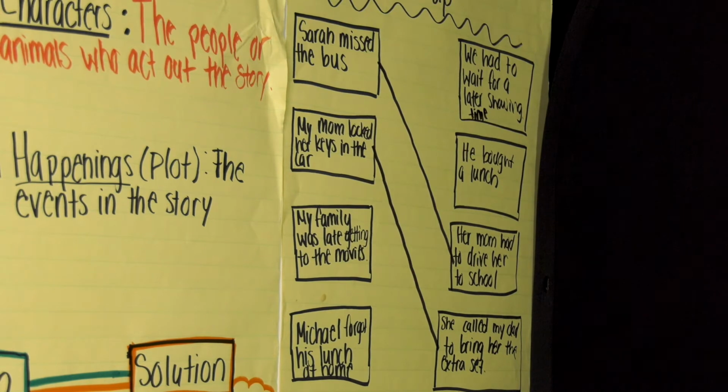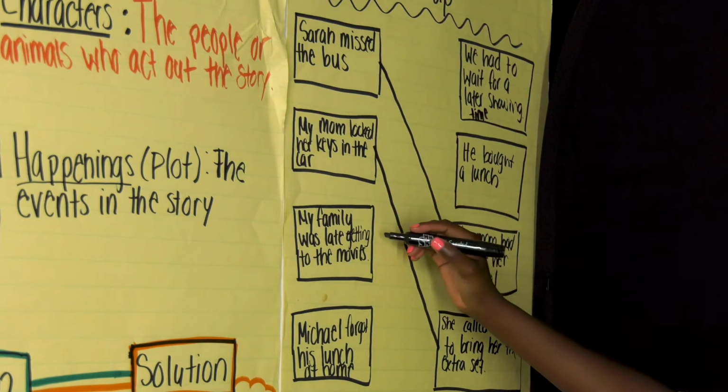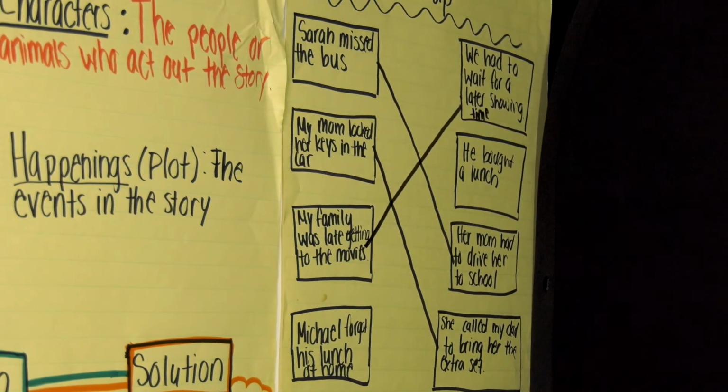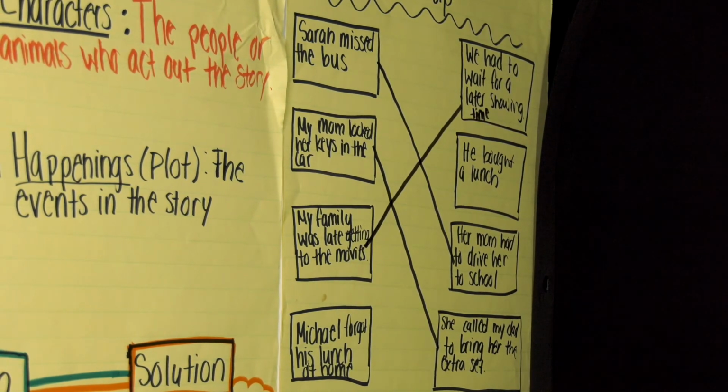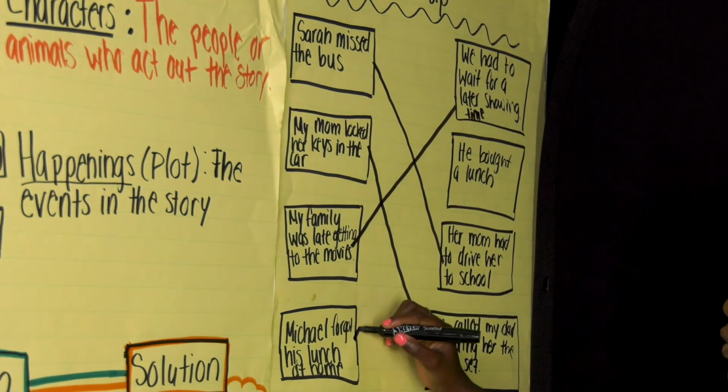If you said we had to wait for a later showing time, you are correct. Last but not least, Michael forgot his lunch at home. Is it he bought a lunch? Yes, it is. And that is all that's left over.